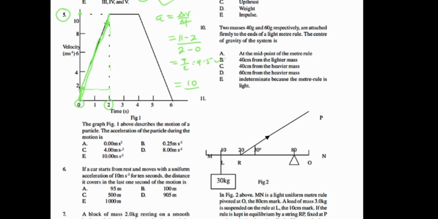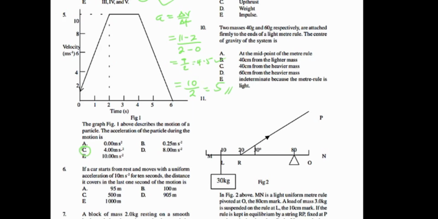But I don't know, the options here are not even rhyming. So possibly the error is somewhere, but I can't trace it since I wasn't the one that set the question. So in that case, we'll just apply this value and use 4 meters per second squared as our answer, right?